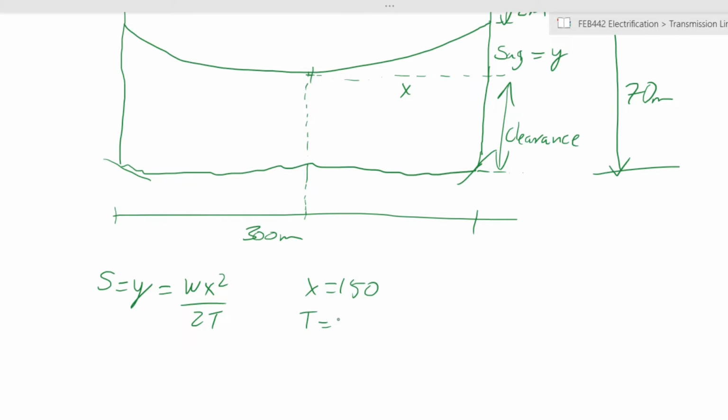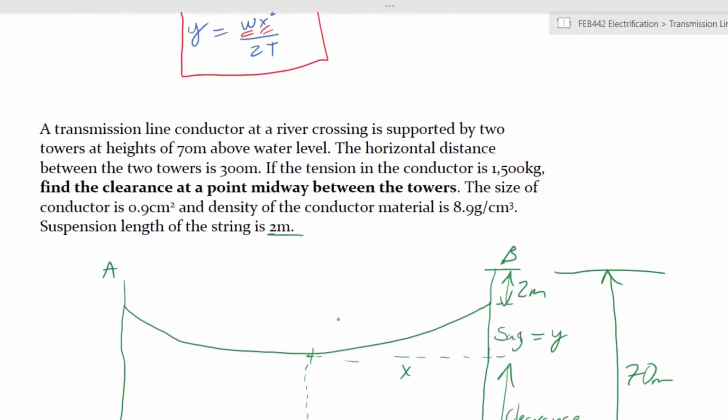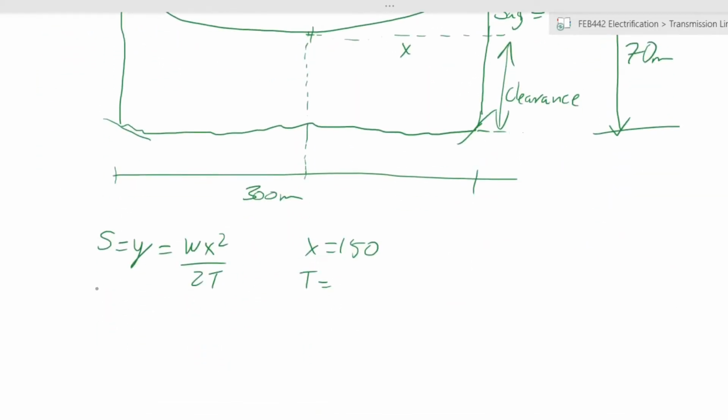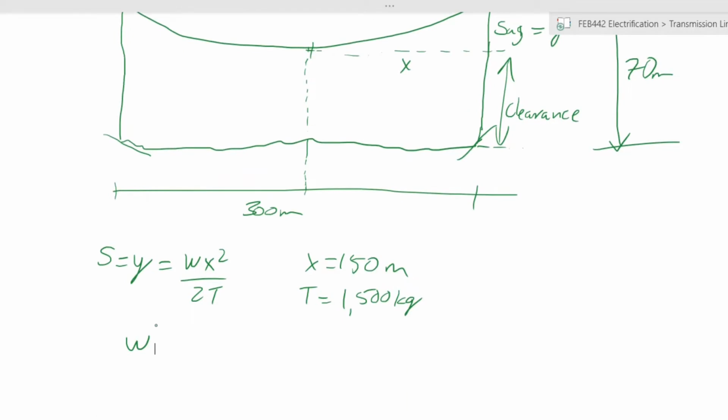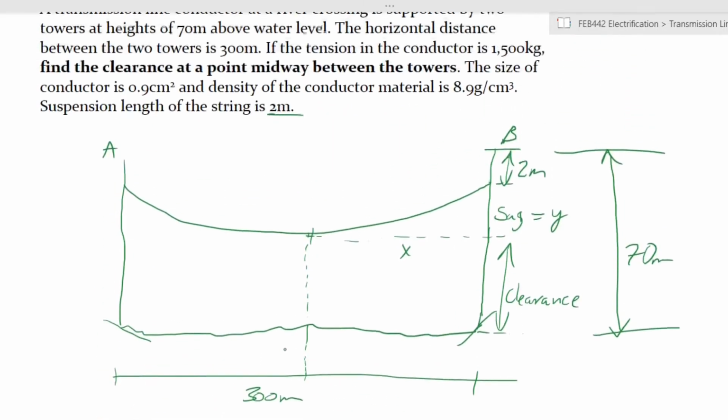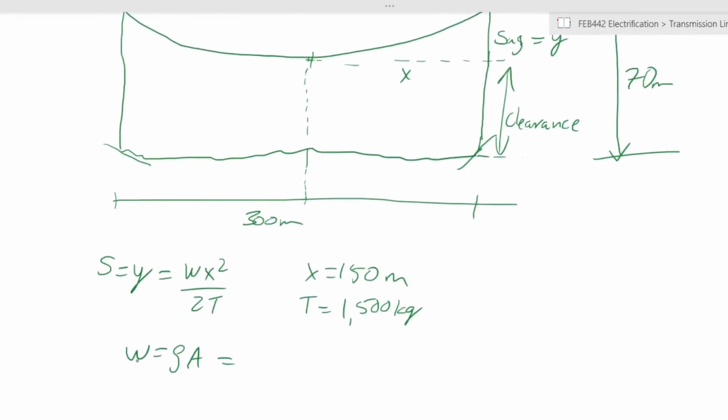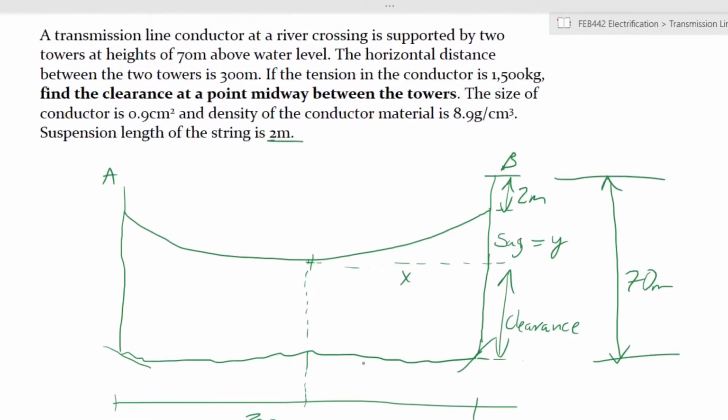T is known, it is 1500 kgs. And W, we need to know the weight per unit meter, the density times the cross-sectional area. The density is 8.9 grams per cubic centimeter, but we change it to kilograms, so times 10 to the power 3 per meter.